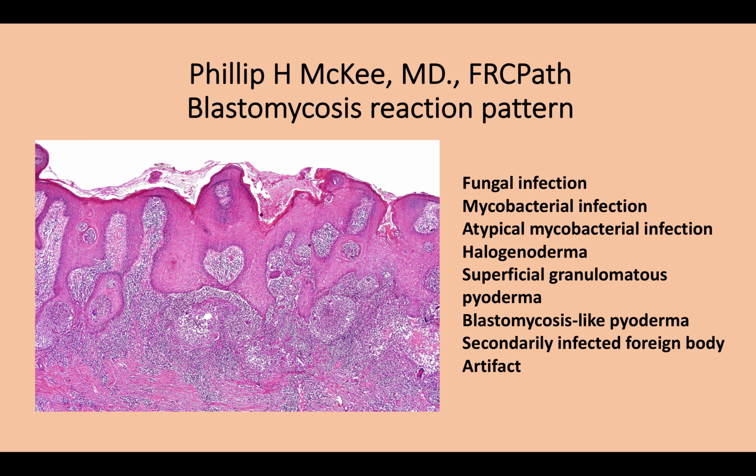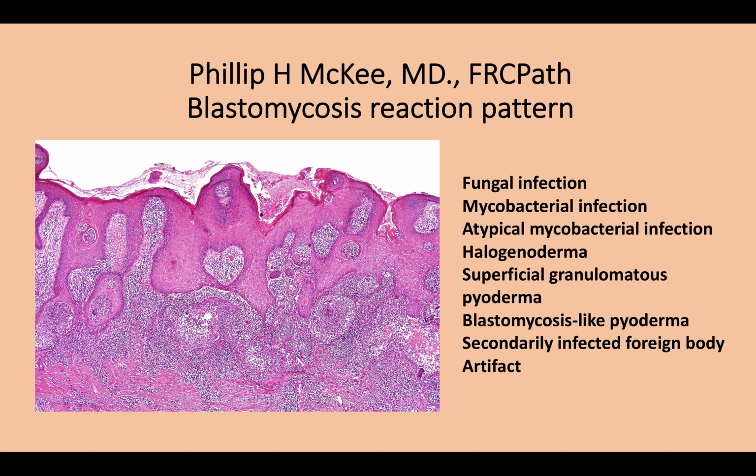Bromoderma is sometimes a cause, and we mustn't forget that occasionally artifact may even result in this appearance. Superficial granulomatous pyoderma I'll come to a little bit later on, and blastomycosis-like pyoderma is a disease which occurs in the malnourished and extremely ill patients.